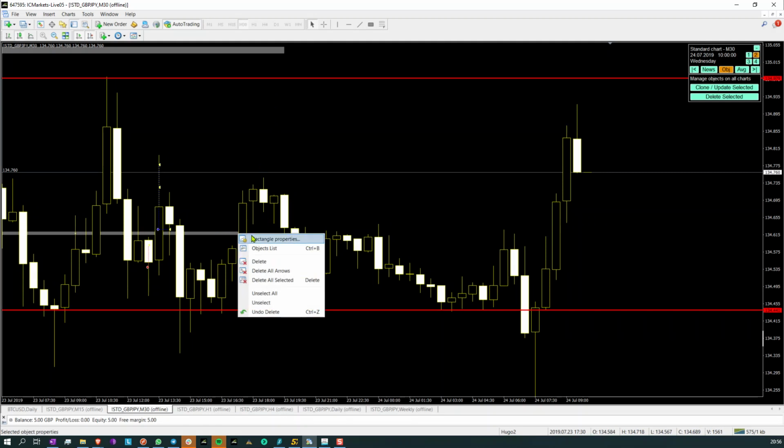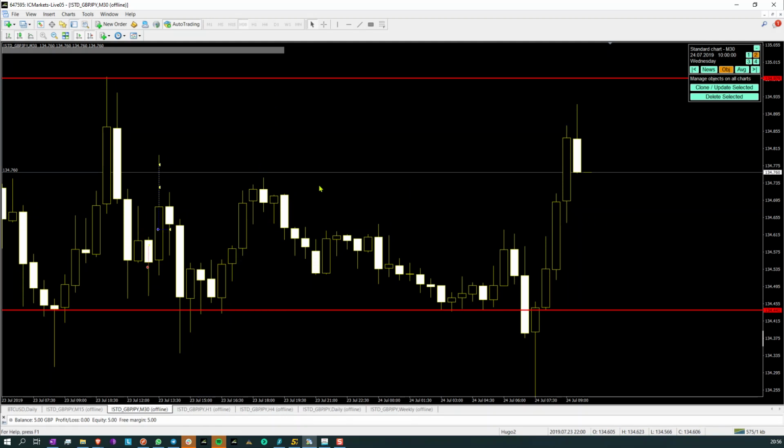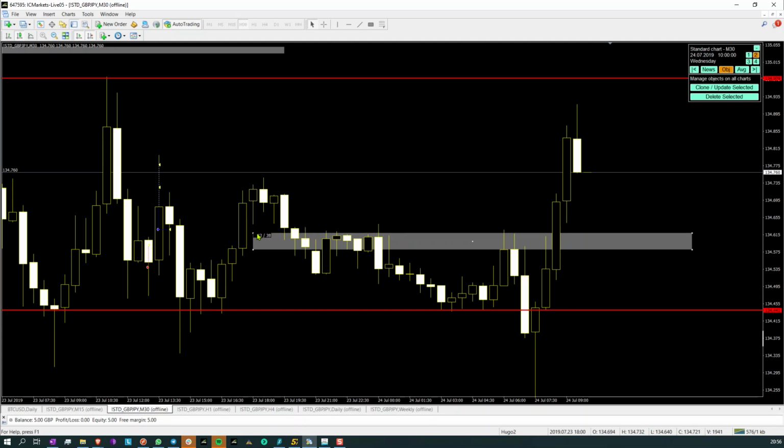Okay, so we have this zone here, which is about the same. And we also have this zone here.